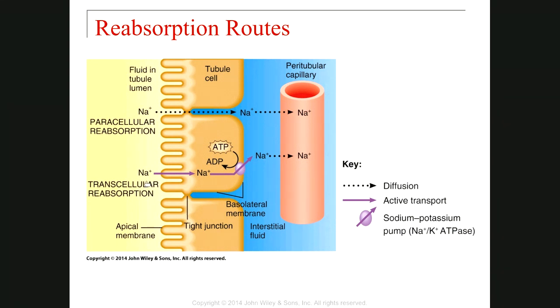In transcellular reabsorption, a substance can pass from the fluid into the tubular cell through the apical membrane of the tubule cell, across the cytosol, and then it goes out to the interstitial fluid through the basolateral membrane. So these are two different processes which we have for reabsorption.